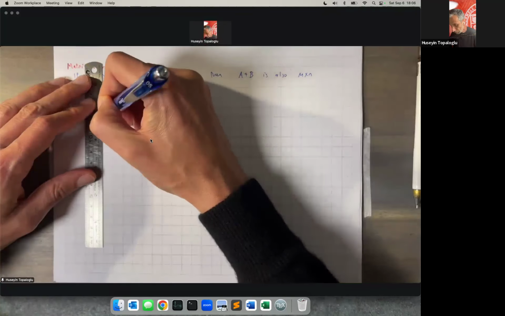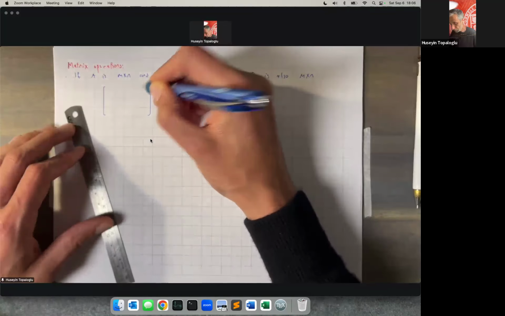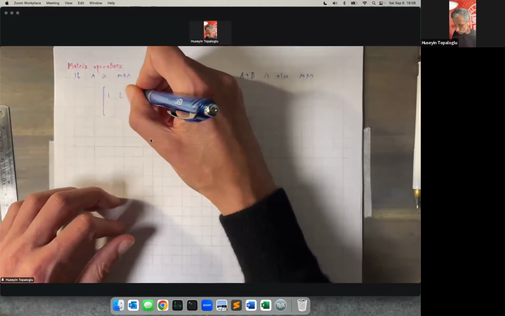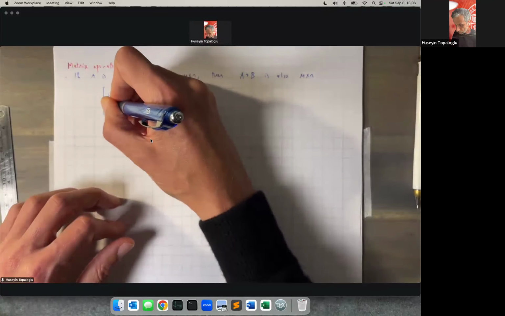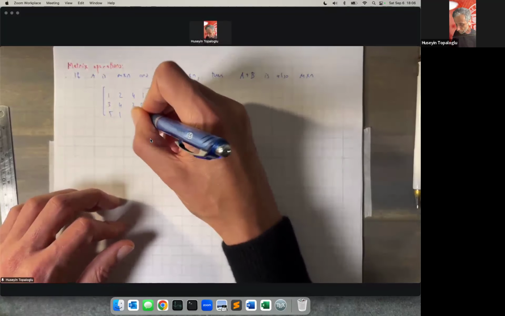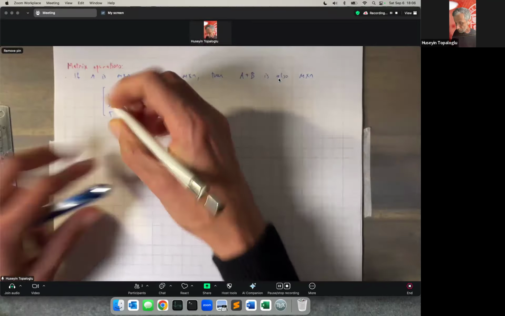Let's do a simple example. Let's take a 3x4 matrix: 1, 2, 4, 1, 3, 4, 2, 5, 5, 1, 3, 4. So this is a 3x4 matrix.